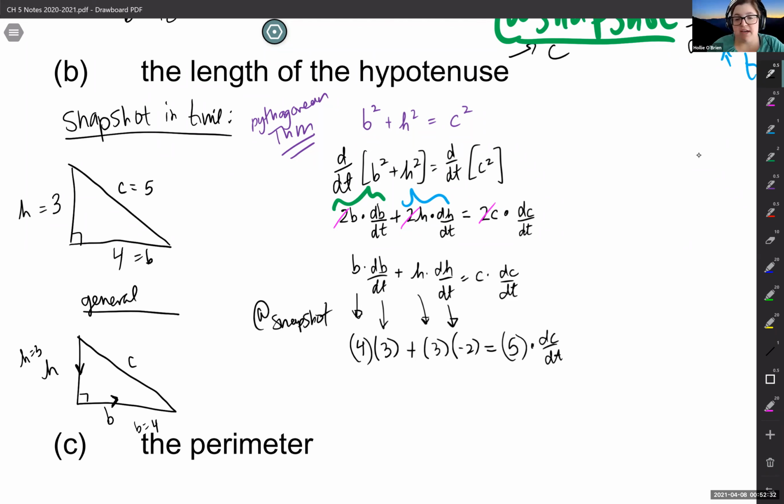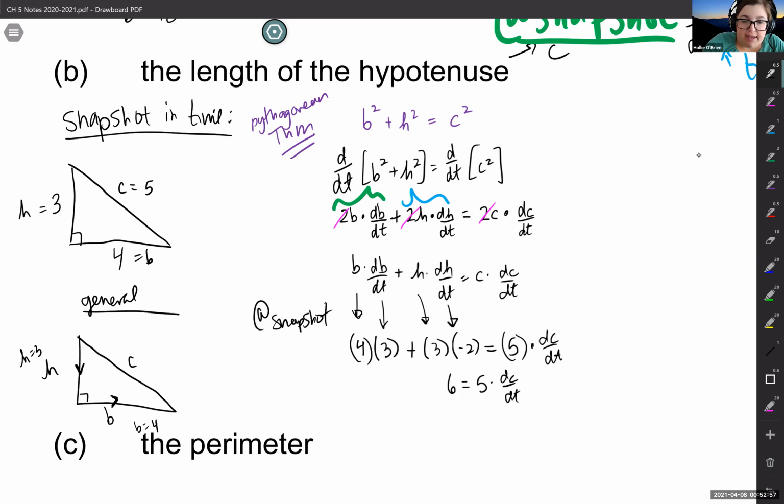We just gotta get dc dt by itself. Find the rate of change of the length of the hypotenuse. So check it out, right? Not too bad. We have 12 plus negative 6. So this is going to be 6 equals 5 times dc dt. One step more.